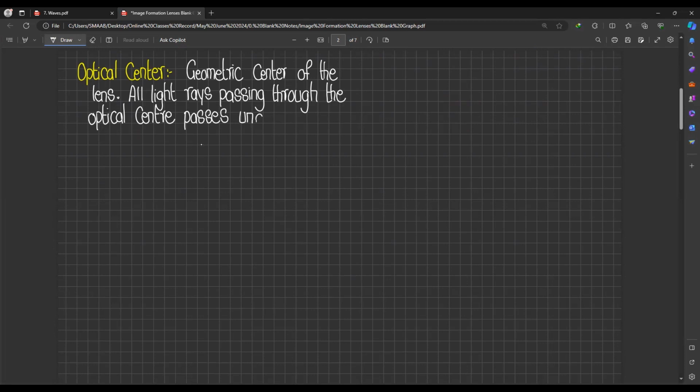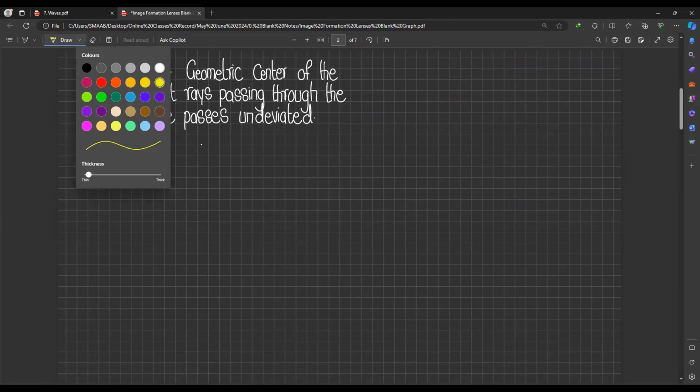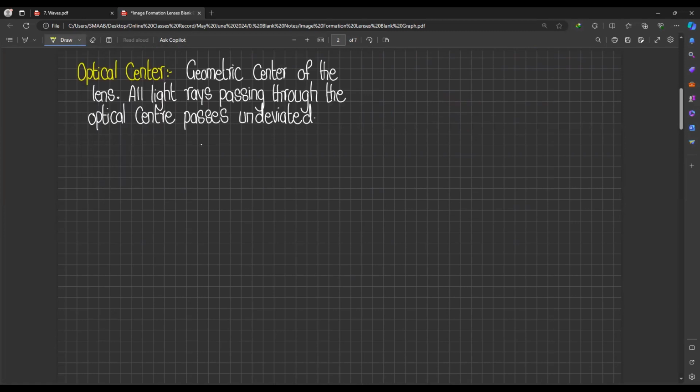So they will pass undeviated. This is the first important point related to the optical center. I will also draw the diagram for that, because there are three types of rays, or we can say there are three basic principles on which we have to make all the different cases for the convex lens.